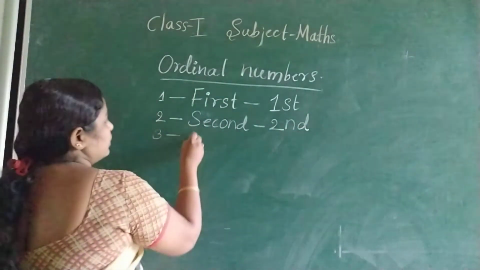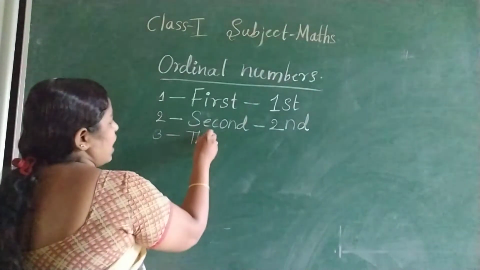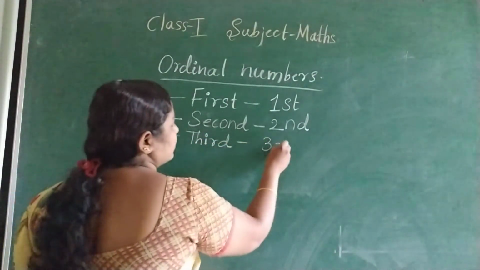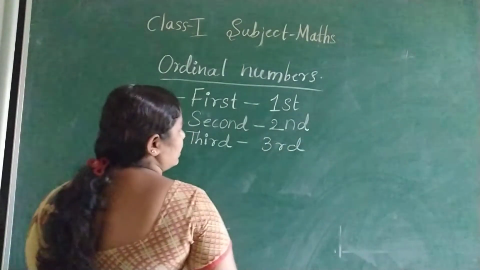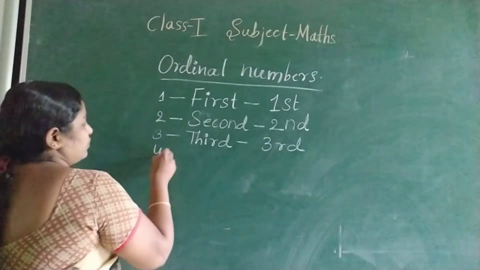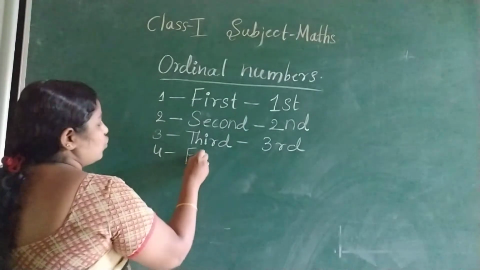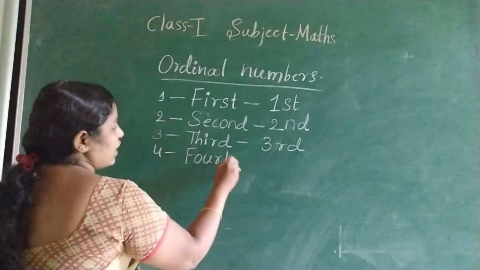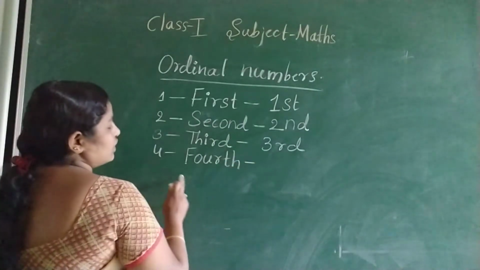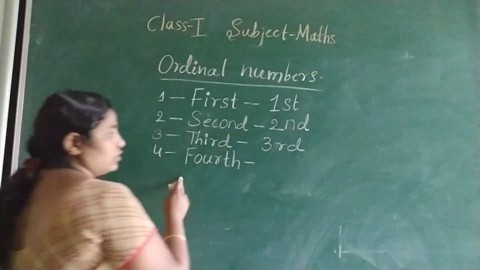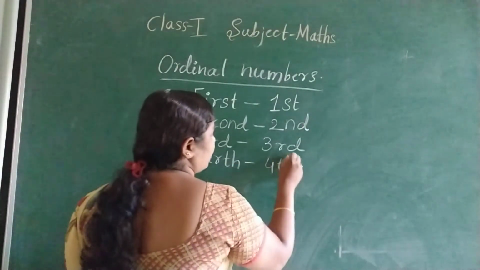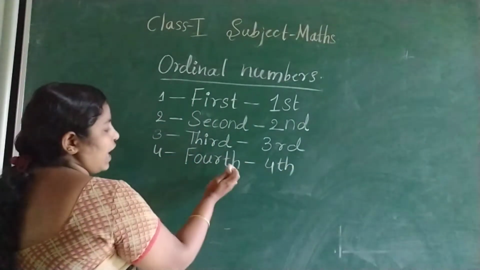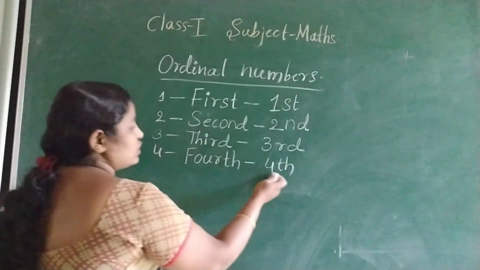Third, T-H-I-R-D, third. 3RD, third. 4, you know the spelling of 4. After this you should write T-H. That is fourth. F-O-U-R, you should add T-H to this. Then this is fourth.